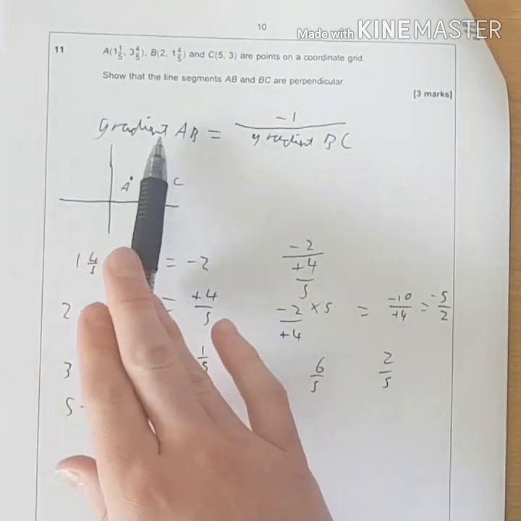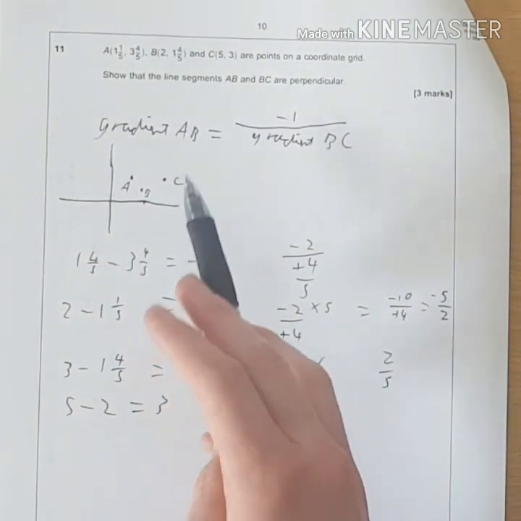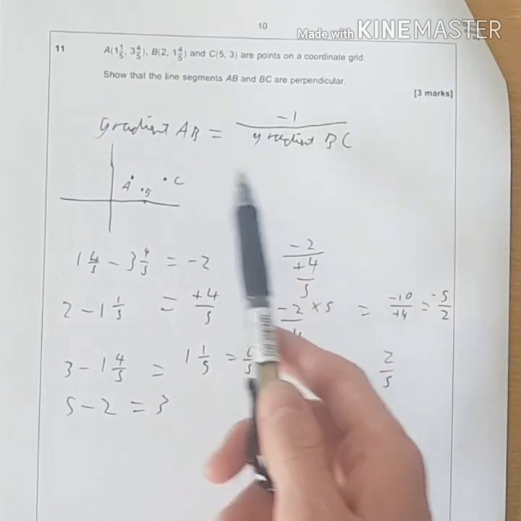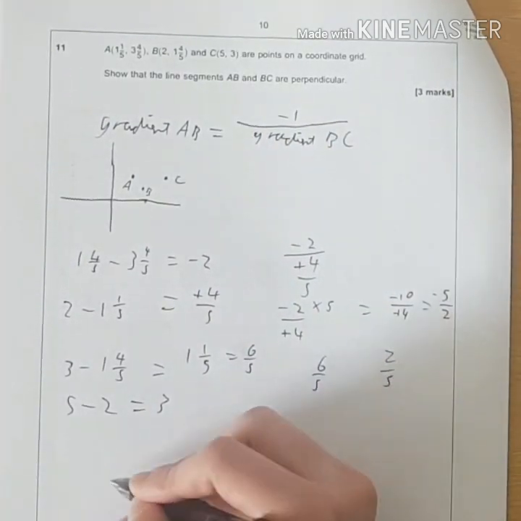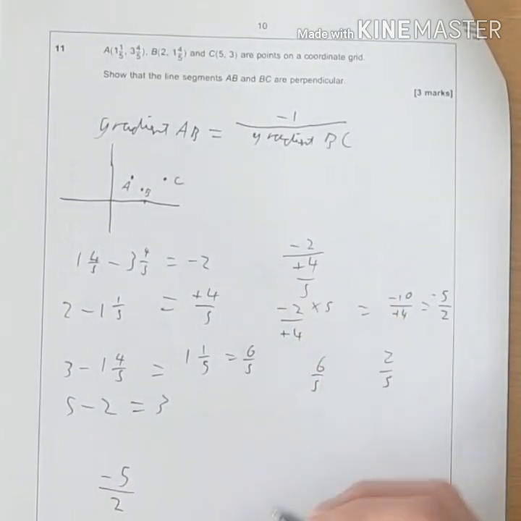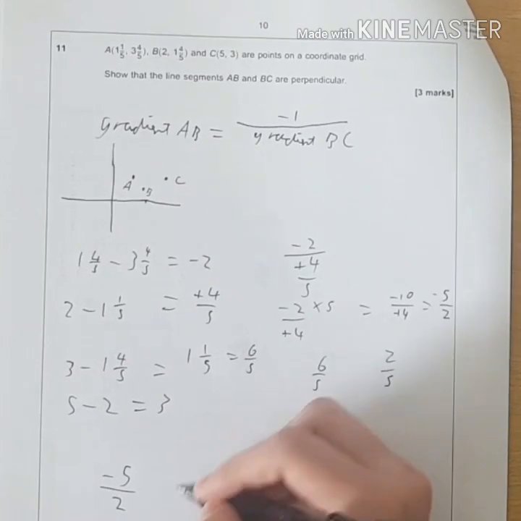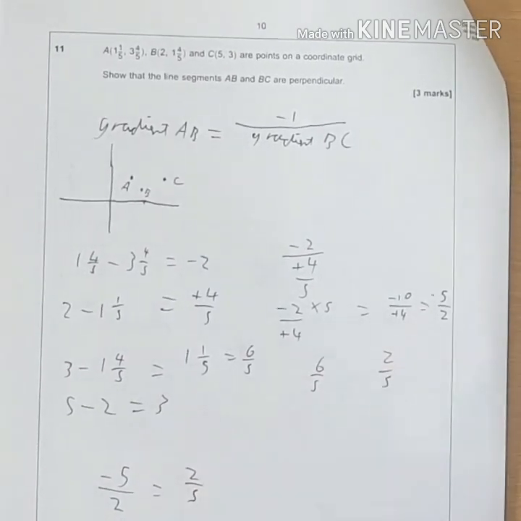As seen here, the gradient of AB, if these lines are perpendicular, is equal to -1 divided by the gradient of BC. So we have the gradient AB, -5/2, and we have the gradient BC, which is 2/5.